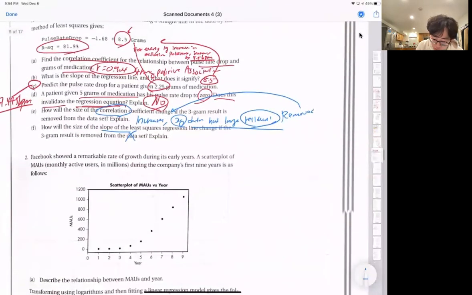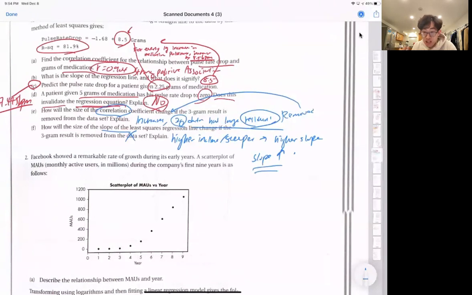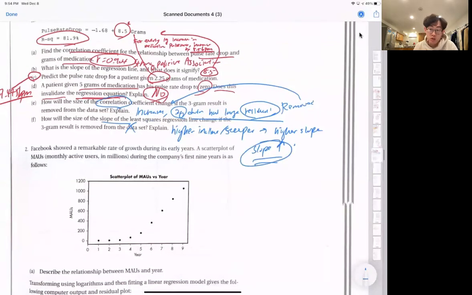So a higher incline slash steeper slope means a higher slope. So the slope will increase for part F. That's generally what you want to say. Guys, this is a very abbreviated answer. Obviously, you want to elaborate on that by writing down a couple of sentences, but that's generally the idea of what you want to say. And I think that's what the answer key says as well.